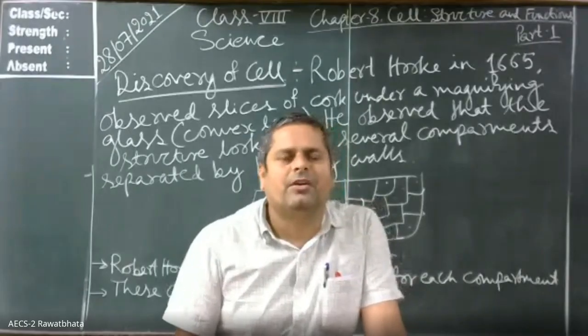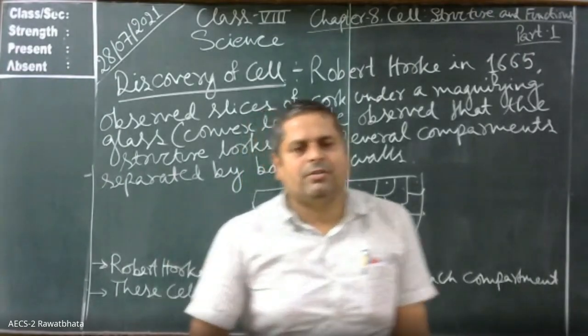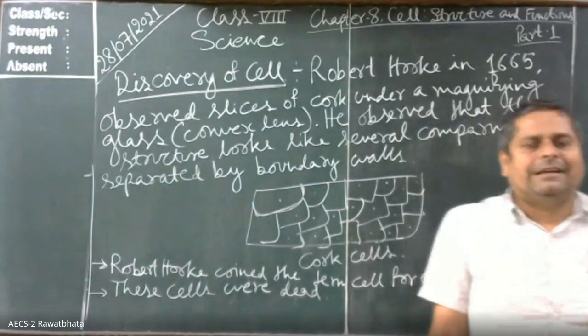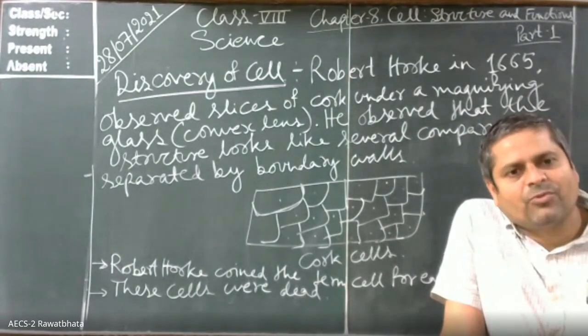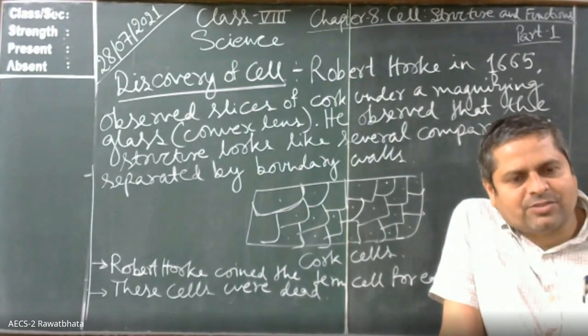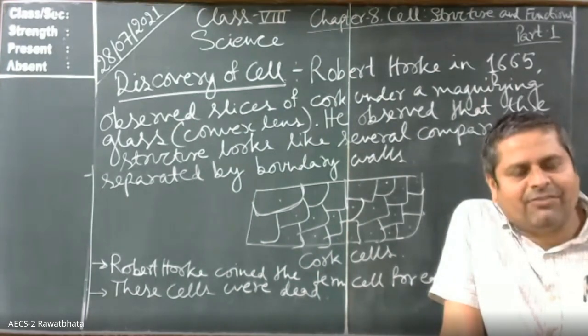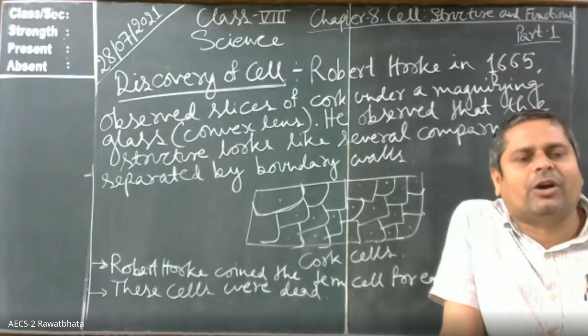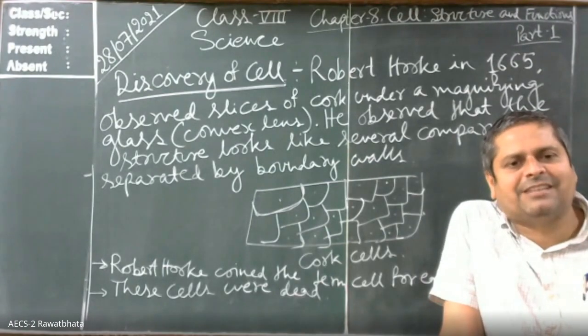See, today we have learned about the cell, what is cell, why it is called the smallest structural and functional unit of life, then types of organisms based on the number of cells that they have.